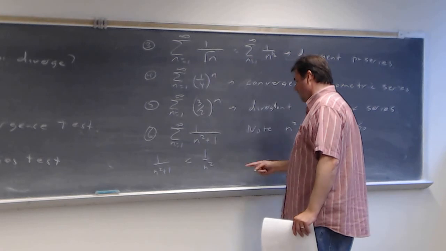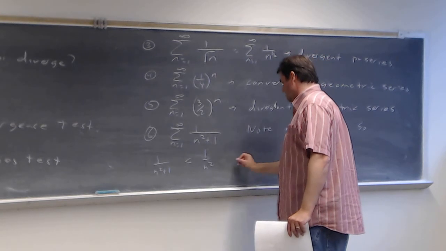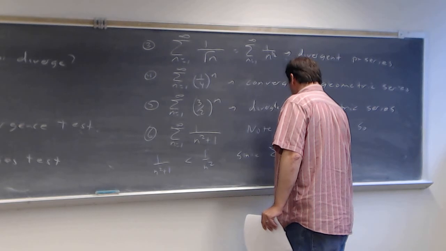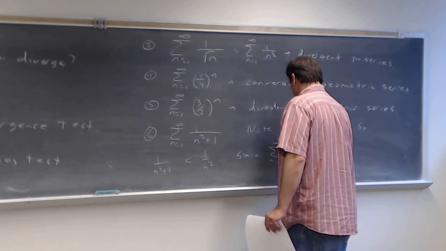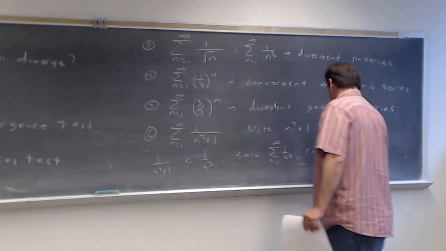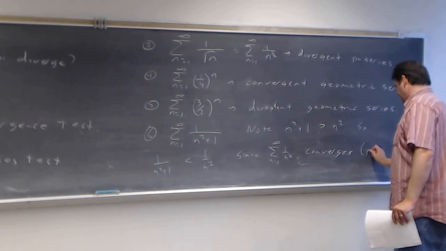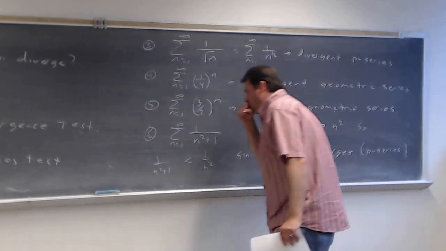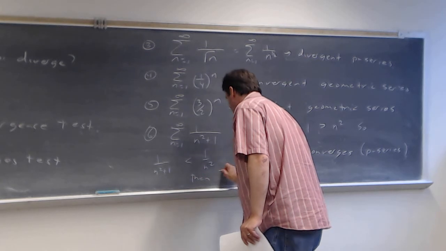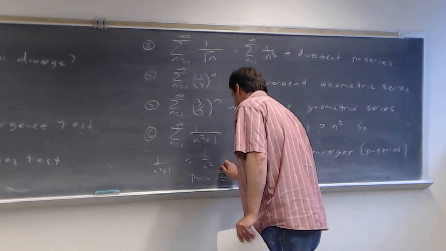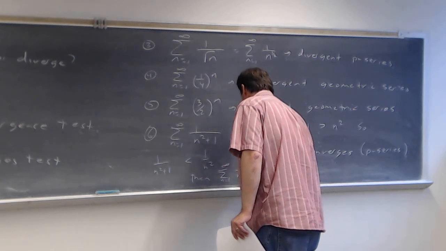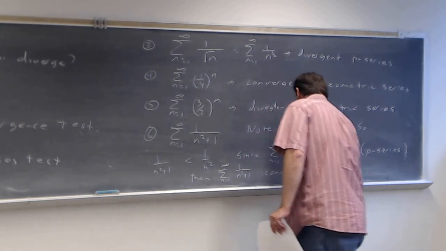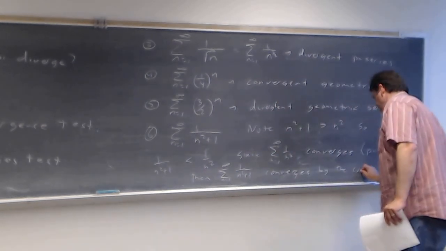And so we apply the comparison test and say, since the sum of 1 over n squared converges, and it converges because it's a p-series, then the sum as n runs from 1 to infinity of 1 over n squared plus 1 converges by the comparison test.